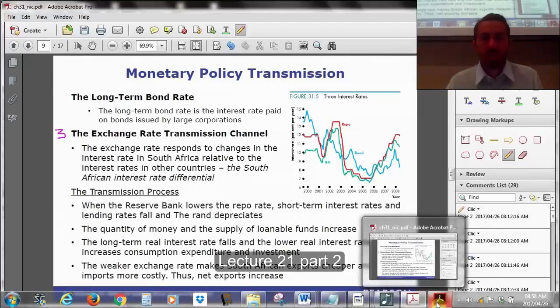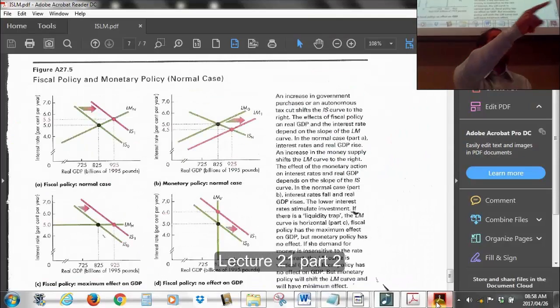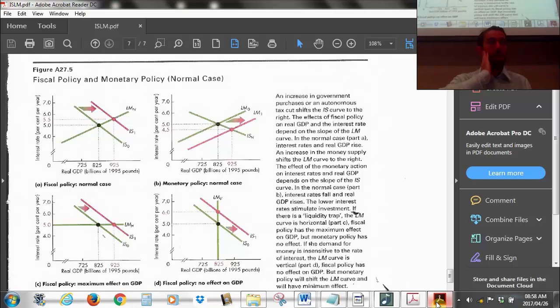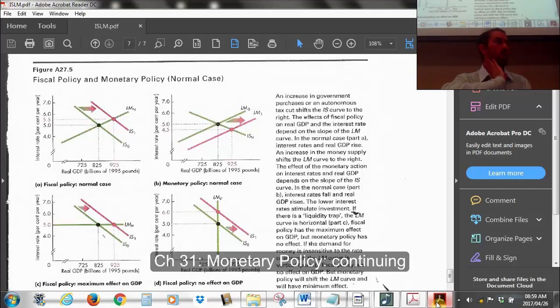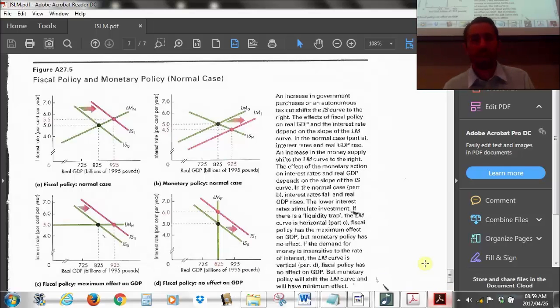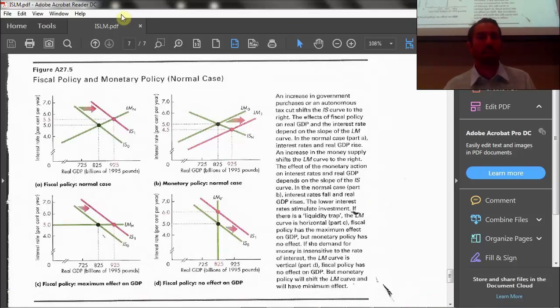To come back to your question about the effectiveness of monetary policy when people just want to hold money, right? Great question. So here's that reading, in the IS-LM reading. Towards the end of the reading, it talks about fiscal policy and monetary policy.